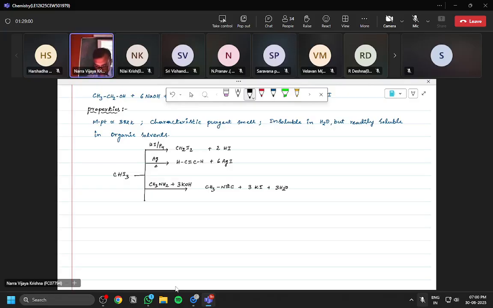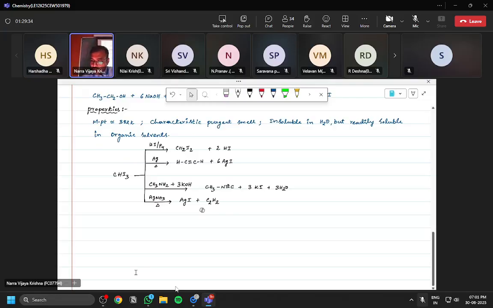Next, if it is allowed to react with AgNO3 on heating, what will silver do? It will go and take iodine. AgI is gone. If I add an excess amount of AgNO3, 6 moles of AgI is gone. So the product will be, if 6 moles of AgI is gone, again acetylene, C2H2. Right, sir?